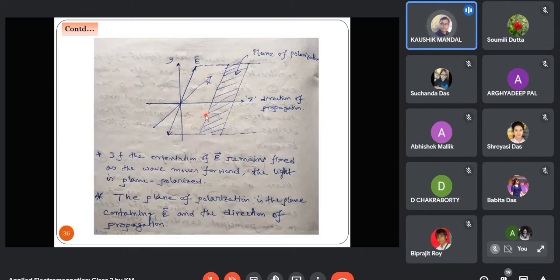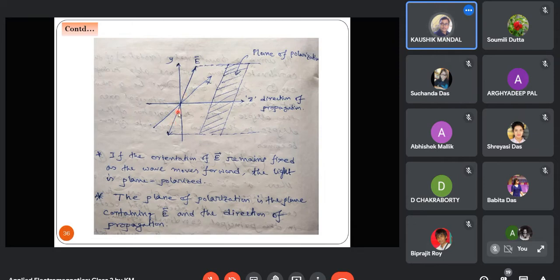So, if we consider a coordinate system where x, y, and z are orthogonal, mutually perpendicular to each other, in this particular coordinate system we are considering the electric field vector. This center line is the electric field line.